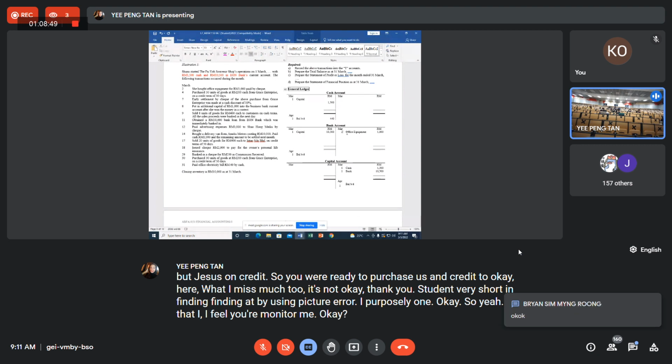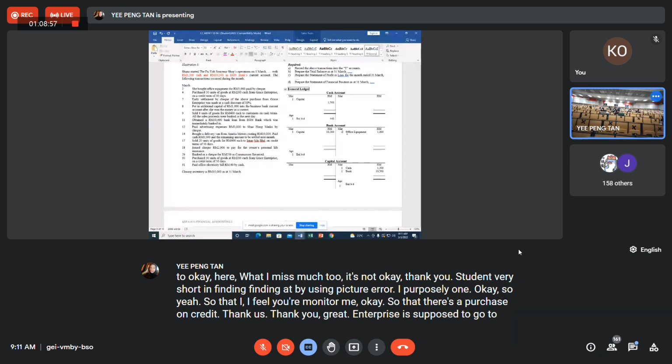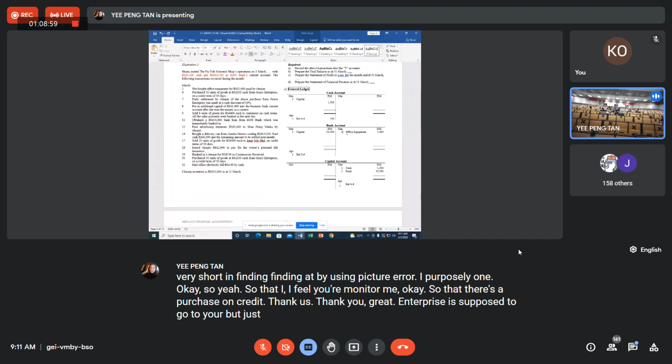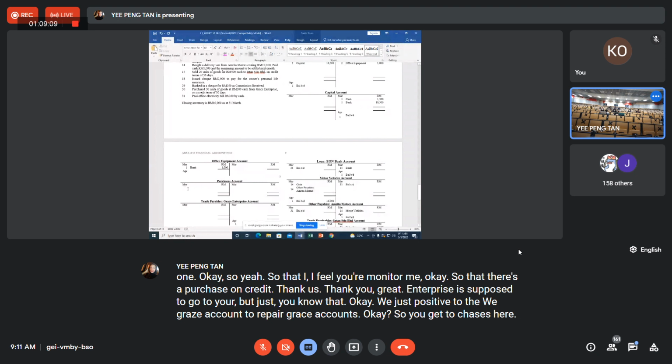Okay, 4th of March, so that's a purchase on credit. Debit purchases, then credit to Grace Enterprise. It is supposed to go to your purchase journal and purchase ledger, right? But assuming that we ignore that, we just post it to the Grace account, trade payable.